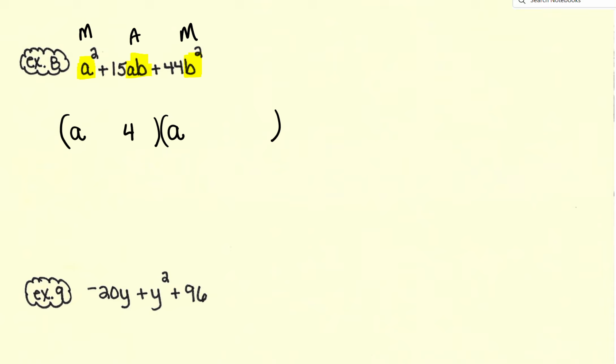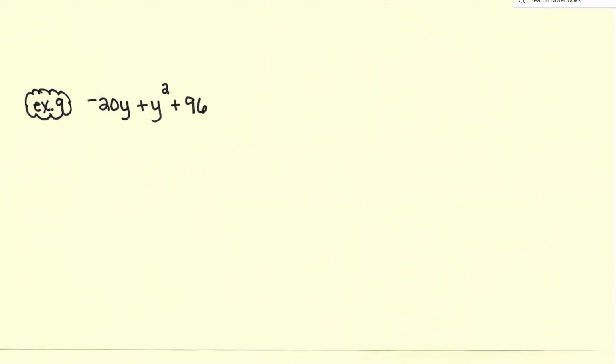And eventually you'll come up with 4 times 11. But because there's a b, it's 4b and 11b. And then your middle man is 15. So I need them to work together. They're going to be on the same team to add. 4 good guys, 11 good guys, same team, adding up to 15.